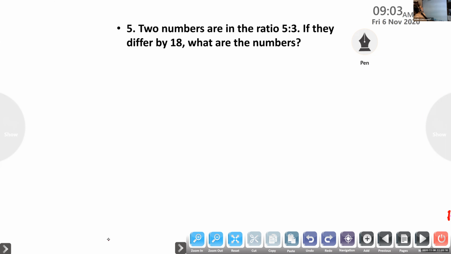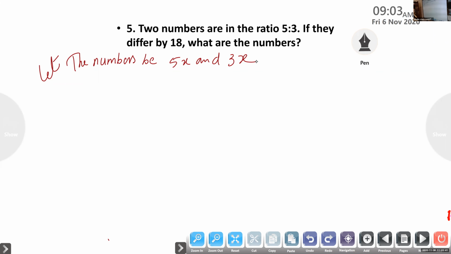Since the ratio is given, how can we take the numbers? 5x and 3x. Yes, very good. Let the numbers be 5x and 3x. They differ by 18.